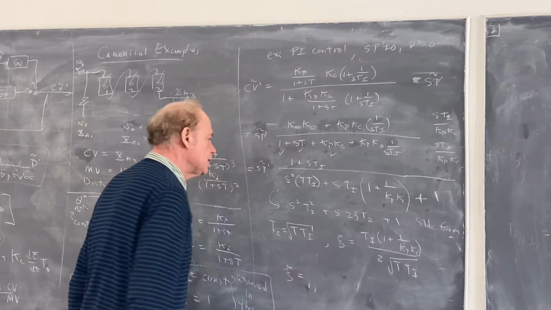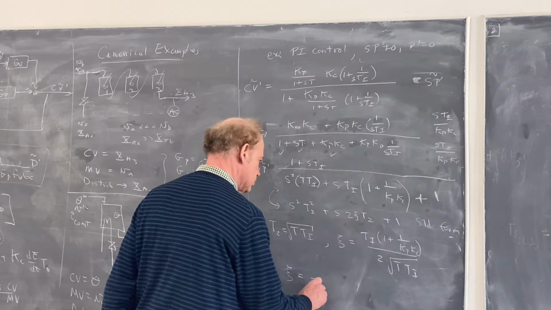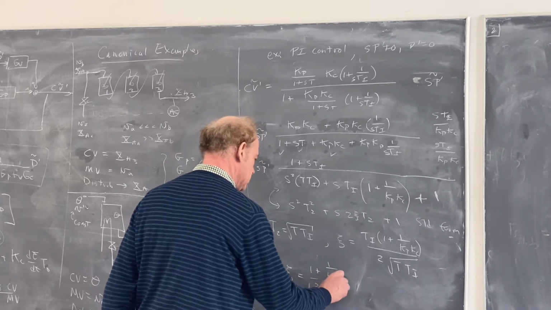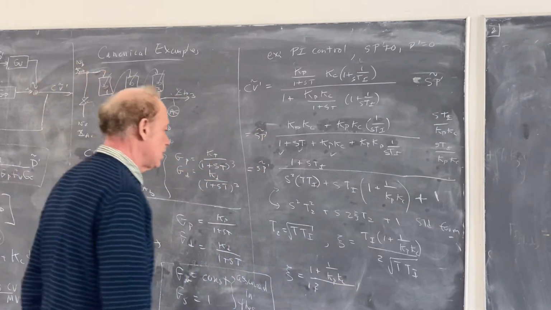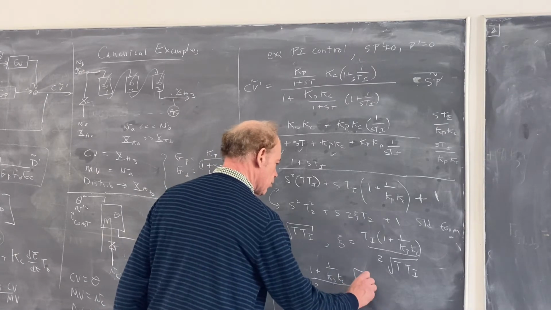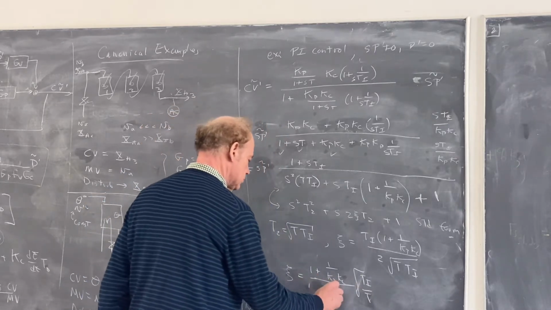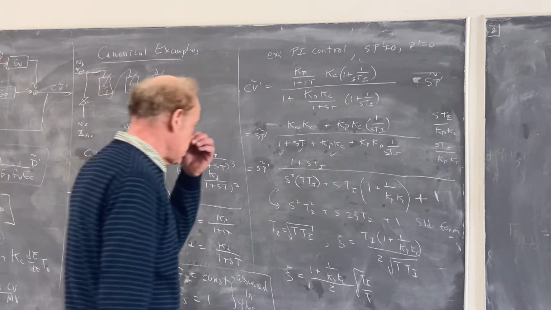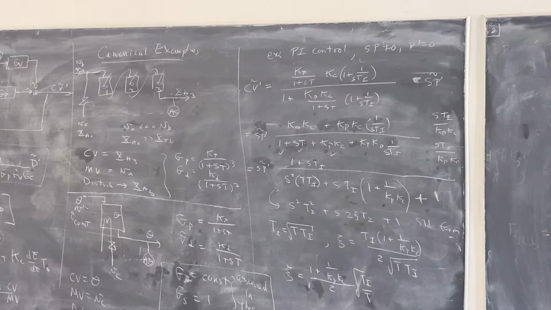Zeta is equal to 1 over 2 times 1 plus 1 over KC, times the square root of Ti over T. So that's zeta. Okay, and so what do I want to do there? Let's just make sure I haven't made any mistakes.